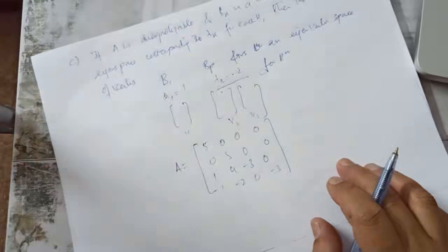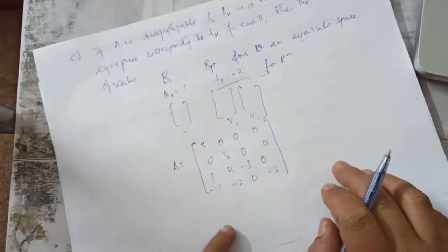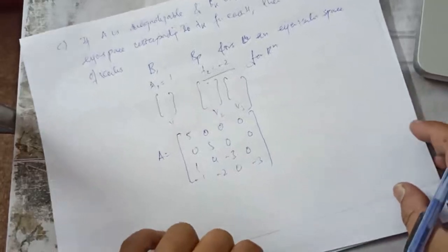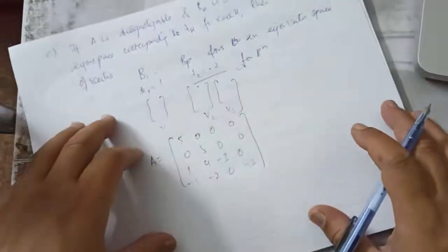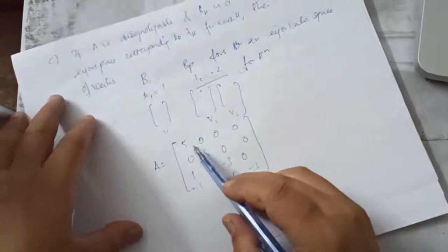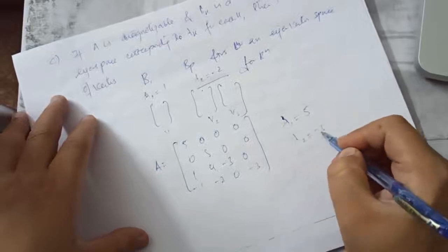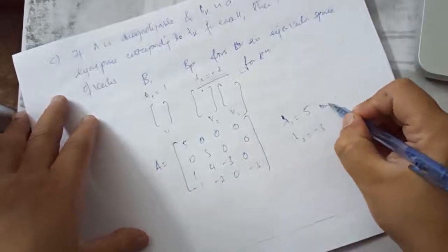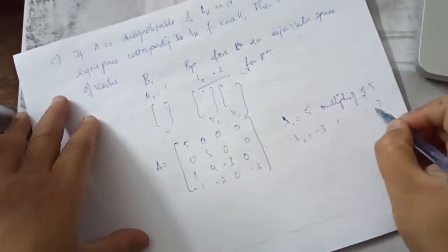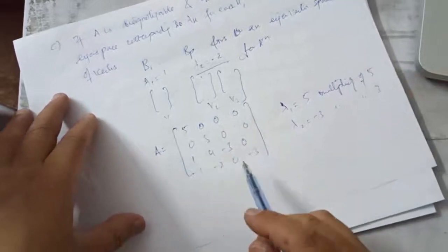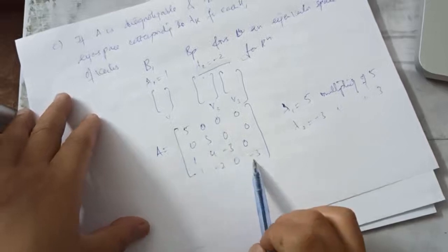Now we can see that A is a triangular matrix, and since A is a triangular matrix, the eigenvalues here are the entries on the diagonal. So lambda 1 is equal to 5 and lambda 2 is equal to minus 3, because we know that for a triangular matrix, the entries on the diagonal correspond to the eigenvalues of that matrix.